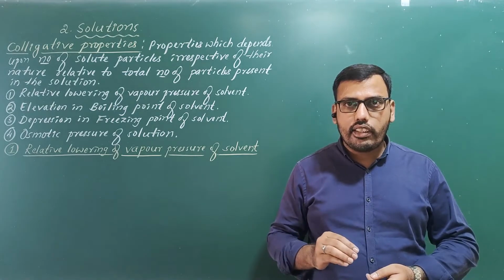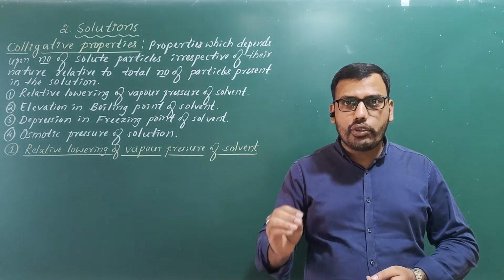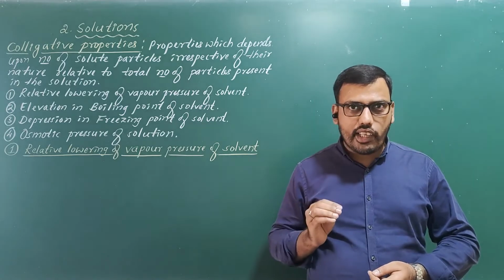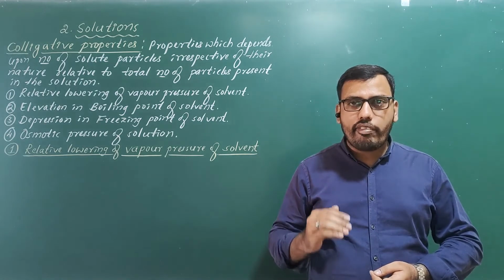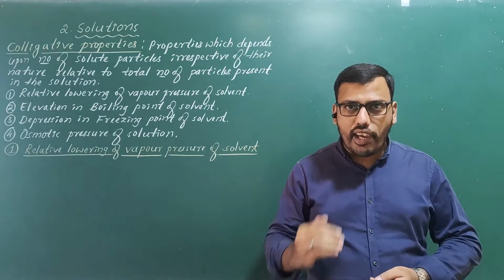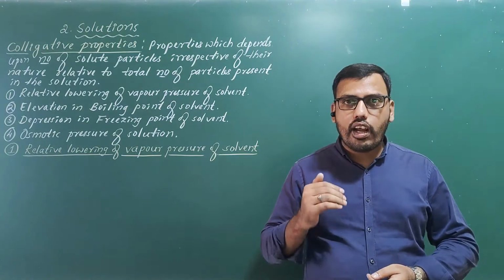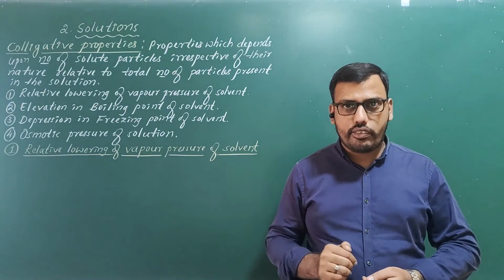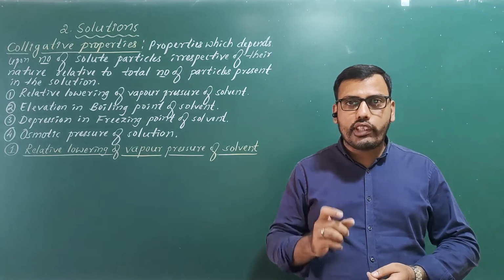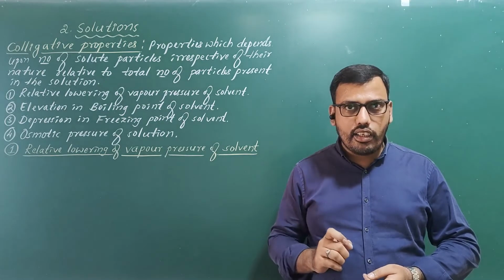As a result, the vapor pressure of the solution decreases. It is clear that the vapor pressure of pure solvent is always higher than the vapor pressure of a solution. Hope it is understood.